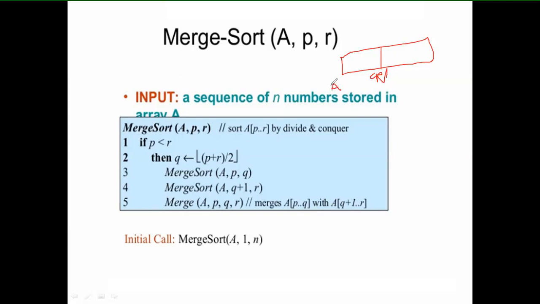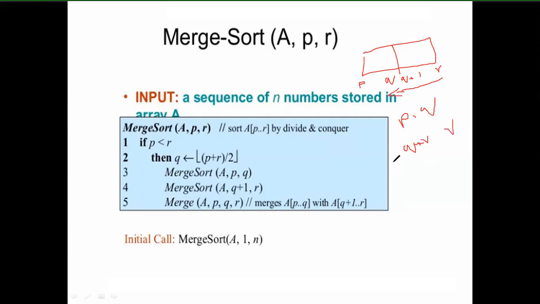Oh, sorry, one minute. This is my array A of P to R. So I divide it with Q: P to Q is the left part and Q plus 1 to R is the right part.